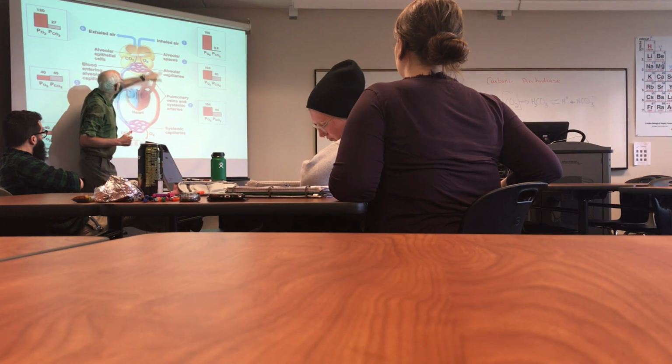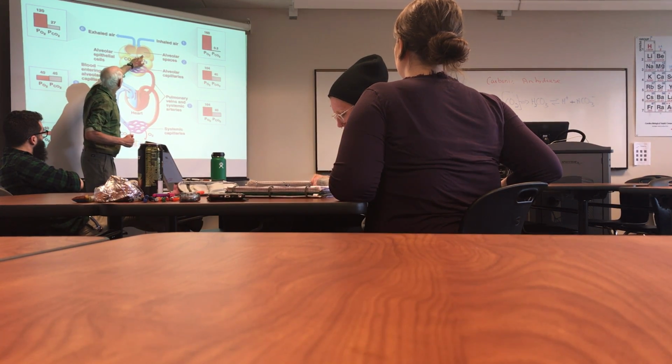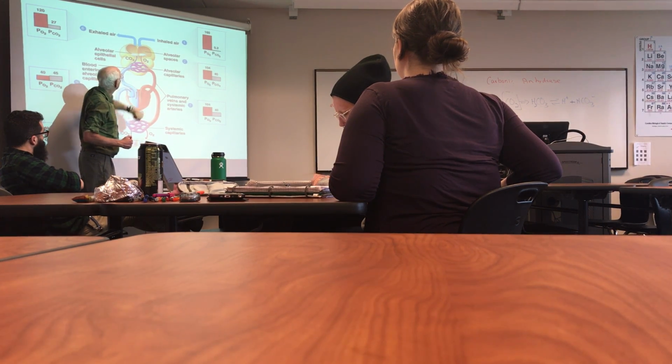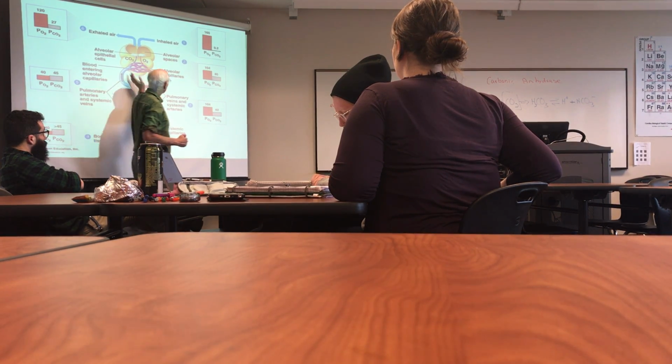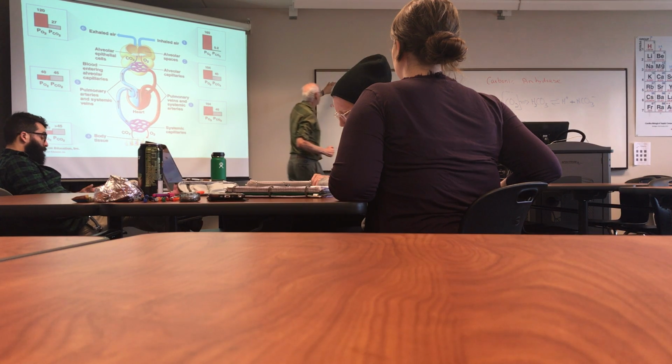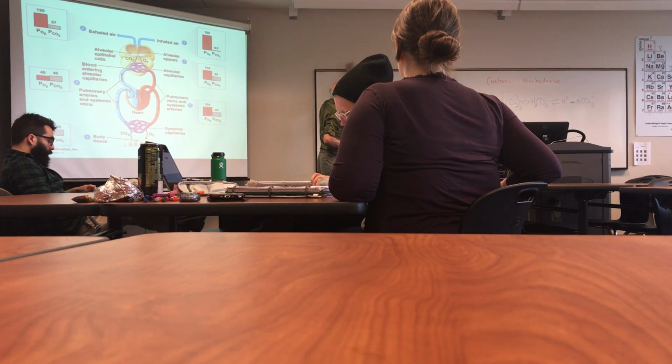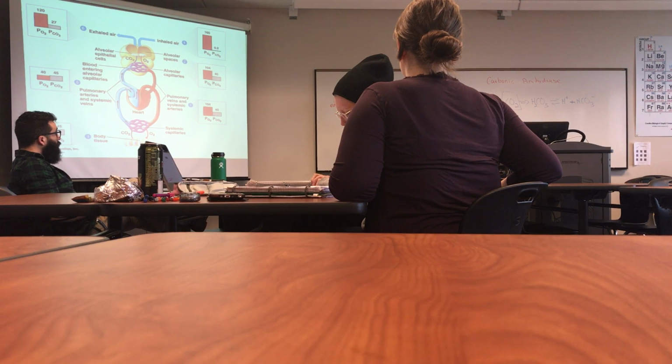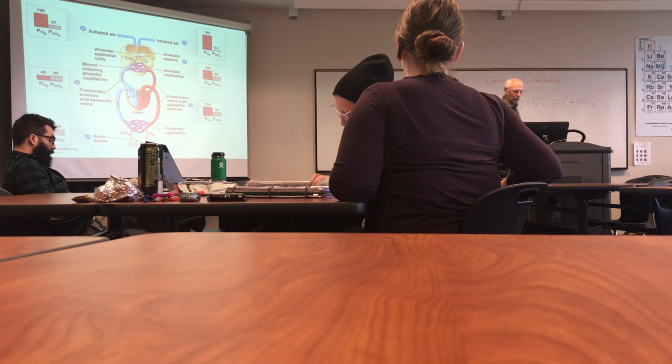Meanwhile, at the actual alveolar, it's being drawn down enough to get all the way down to 104. But according to this diagram, it's fairly constant at 104. Meanwhile, 160 is coming in, 120 is leaving. Okay.